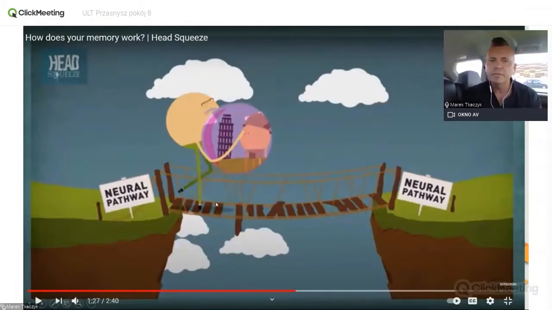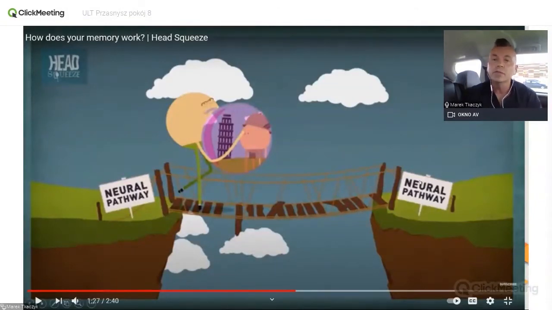At the beginning, the neural pathway looks like this. It's very weak, because we only see it on the board, we try to say it, boom, the lesson finishes, somebody asks us an hour later, so what did you learn? And you're like, oh my God, I don't remember.